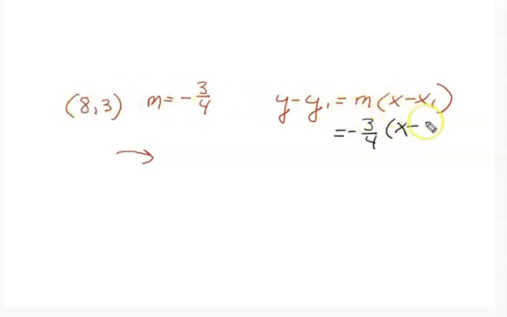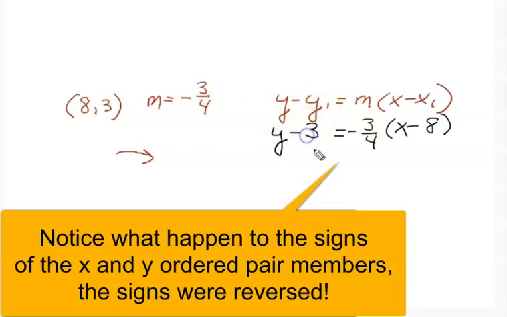We're going to put the 8, and then we have our y on this side. Again, a negative is in the formula, and we're going to enter our 3, which is our y value. So now we have successfully substituted our values into the point slope form.